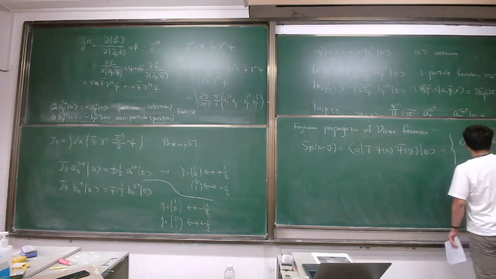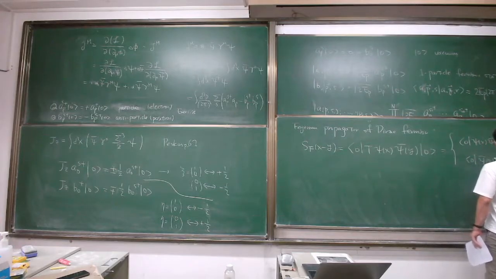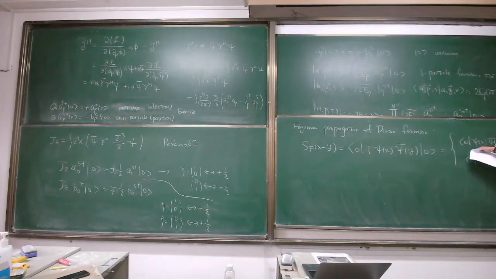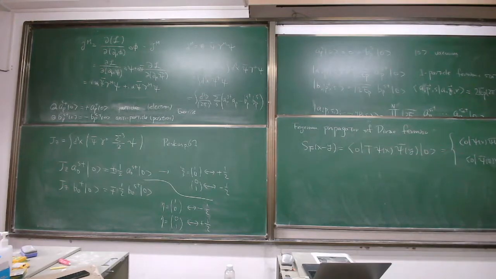On the other hand, you have to swap the order of the fermion if it is retarded. And there is a cost of exchanging psi and psi bar because of time ordering. The cost is that they are fermionic fields. If you swap them, you have a minus sign because of the anti-commutation relation.